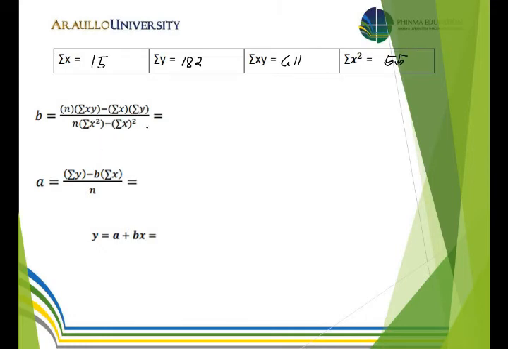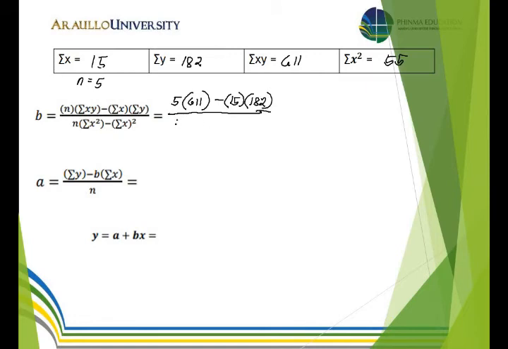By substitution, we will substitute. Our n is 5, because it is for the past 5 years. So we have 5 times summation of xy, which is 611, minus summation of x, which is 15, multiplied by summation of y, which is 182.